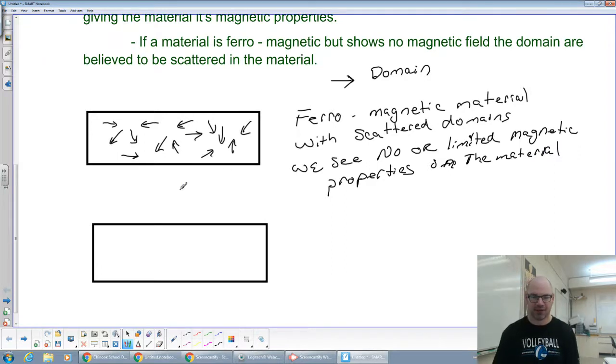They're kind of canceling each other out. This is the non-alignment.